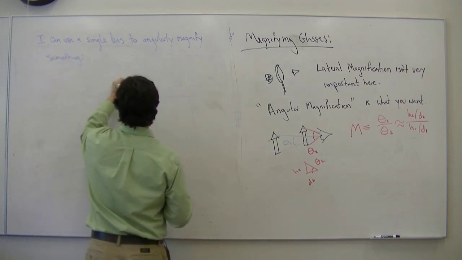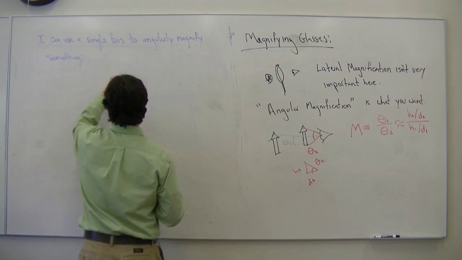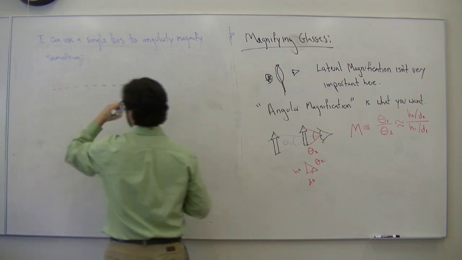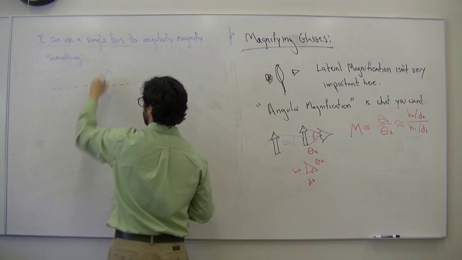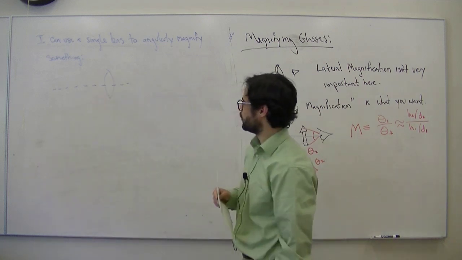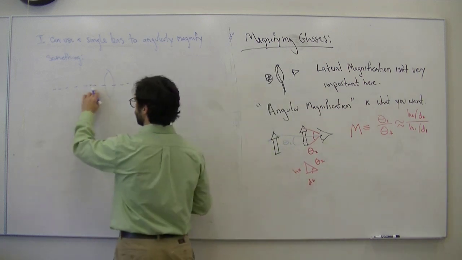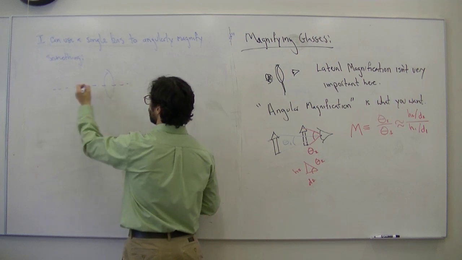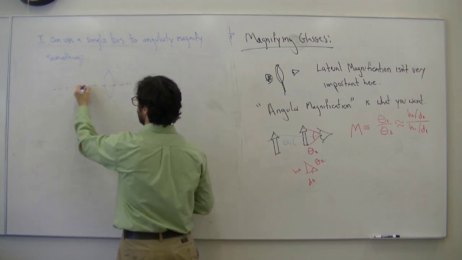And in pictures, the way to do that is I've got a lens. We know it's going to be this big Sherlock Holmes lens, because you know how magnifying glasses work. And I've got a focus.